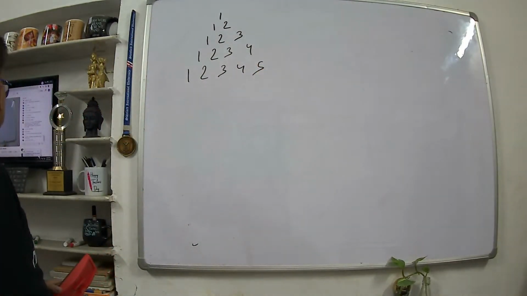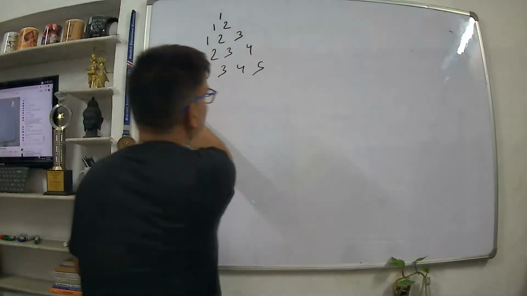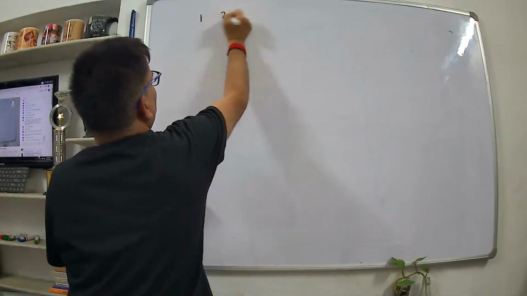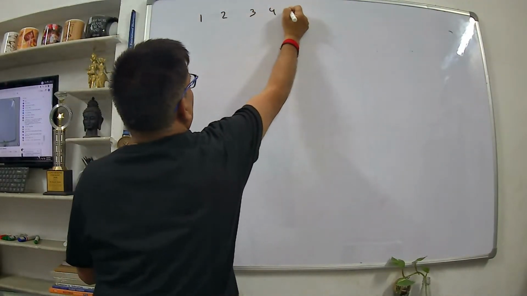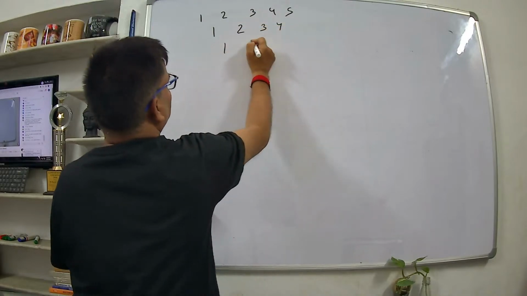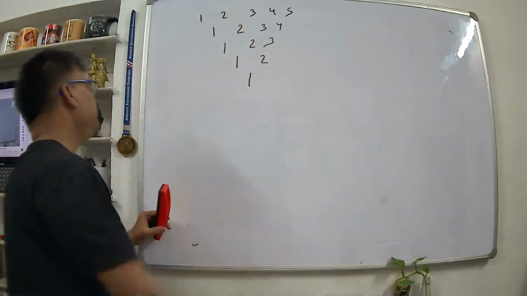I hope this is it. One, two, three, four, 5. 1, 2, 3, 4. 1, 2, 3, 1, 2, and then 1. Right?